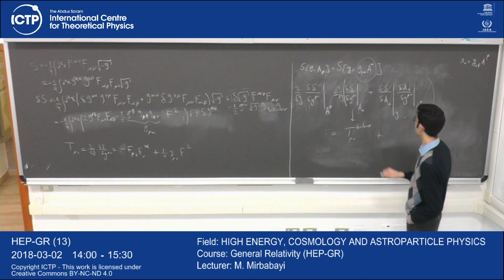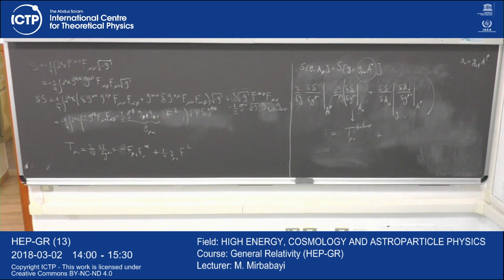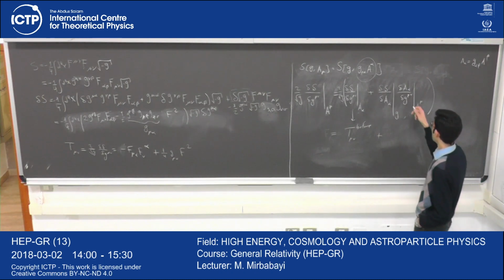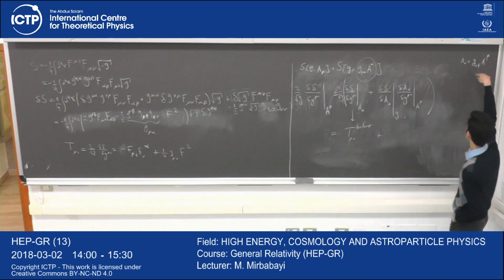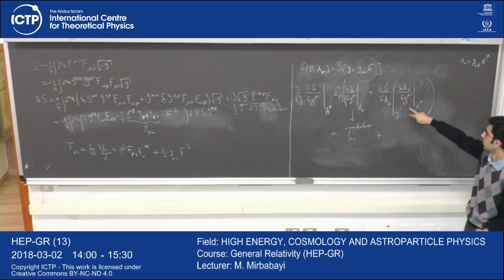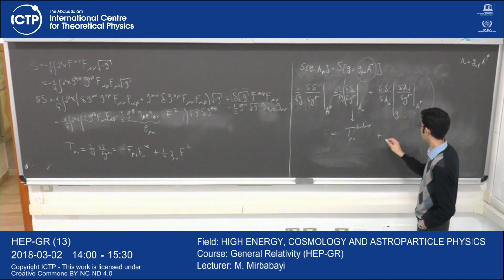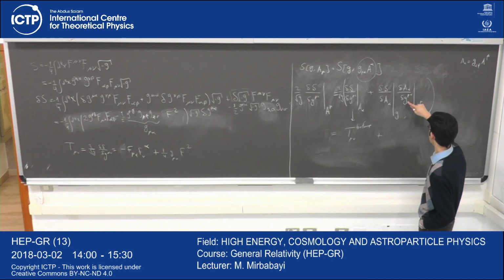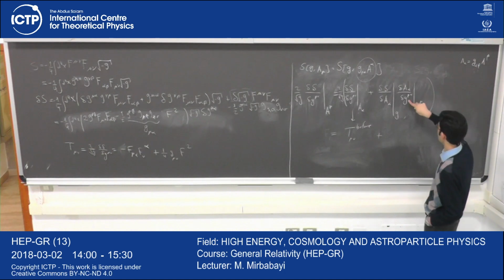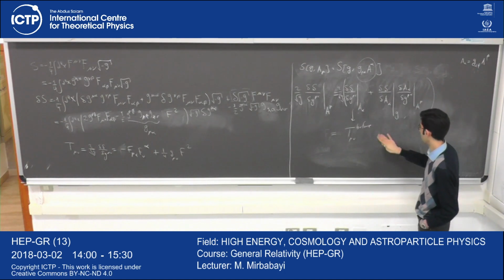What about this term? Well, this is a variation of the A alpha. So A alpha is something like that. If I do the variation, what I get is going to be, since I'm varying g with lower index with respect to g with upper index, there will be a minus sign.